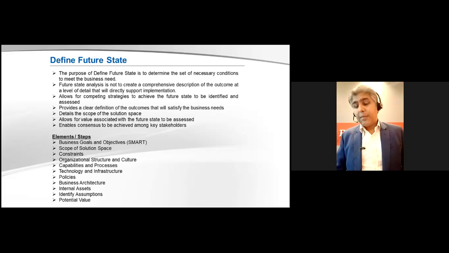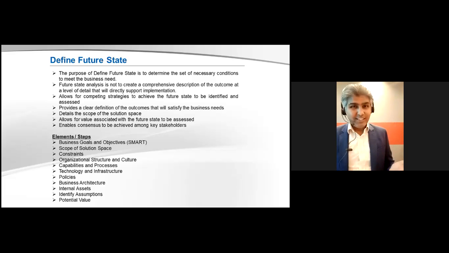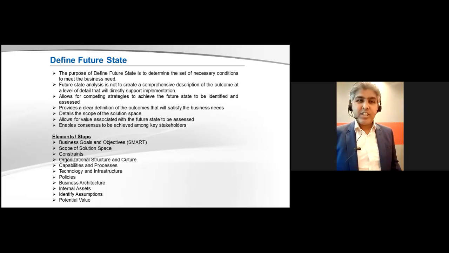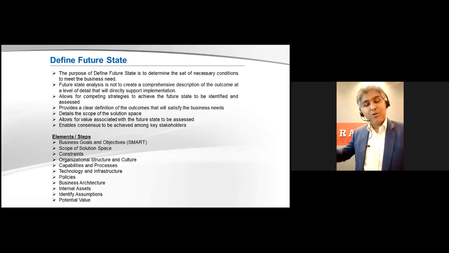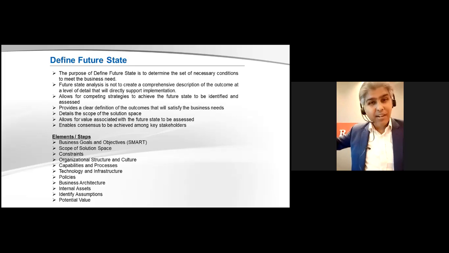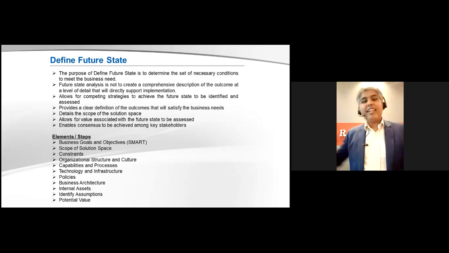Okay. Capabilities and processes. So your existing capabilities, the organization's capabilities, and the internal processes, are they really up to the mark to go for it? And what will be the next level of capabilities and processes that will be needed?